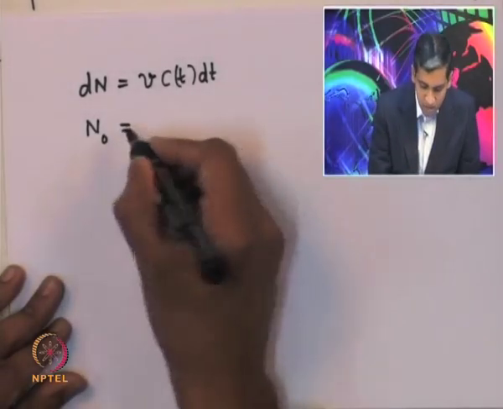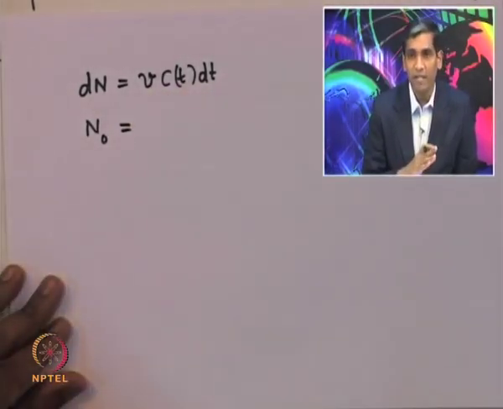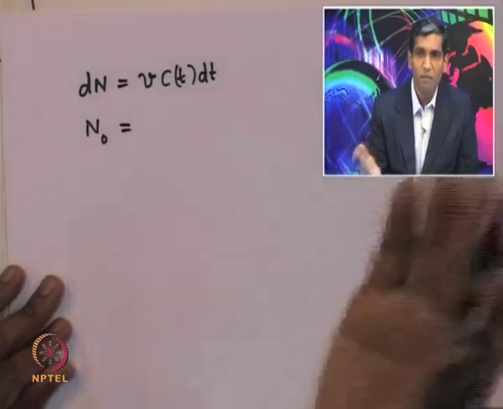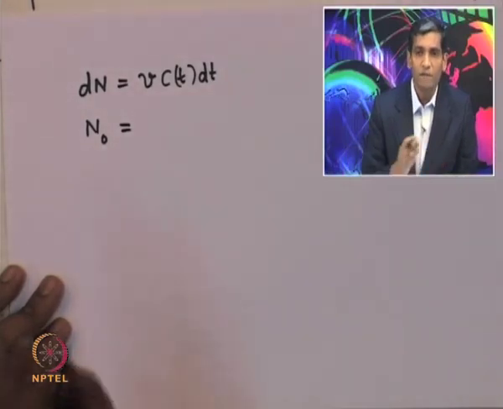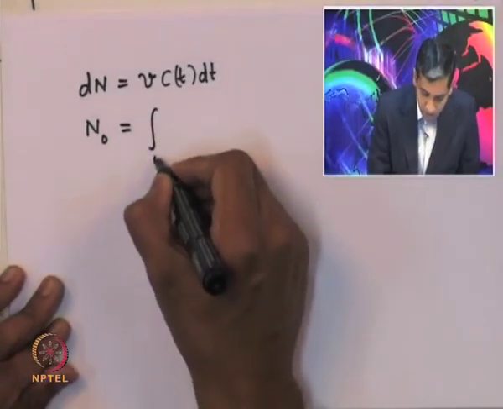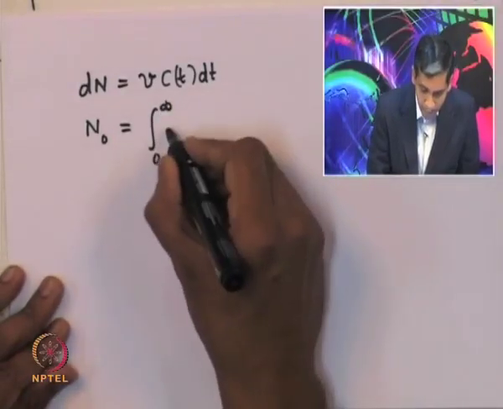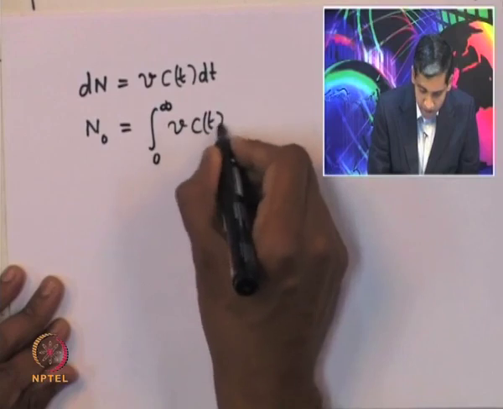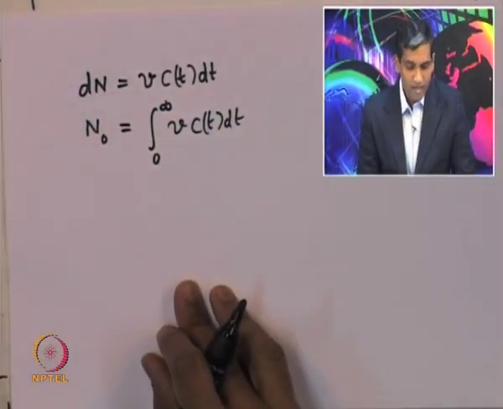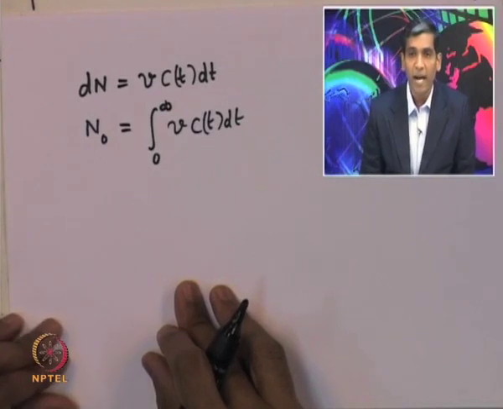Therefore, the total amount of tracer that leaves the reactor from 0 to infinite time should be equal to the total amount of tracer fed into the reactor as a pulse. So, N naught will be the integral from 0 to infinity of V into C of t dt. That is the total amount of tracer that has been fed into the reactor.